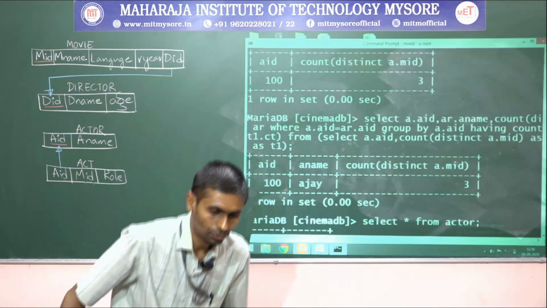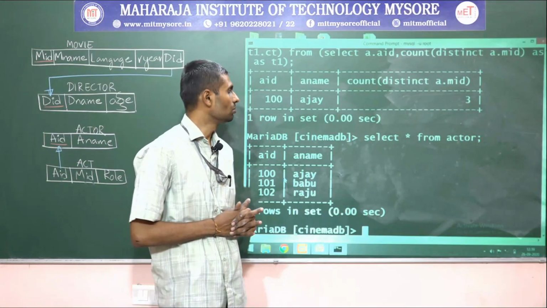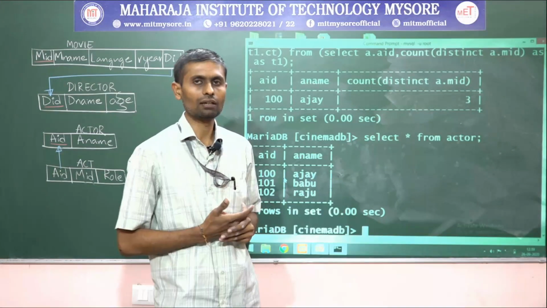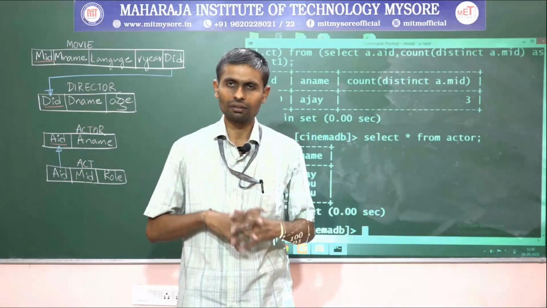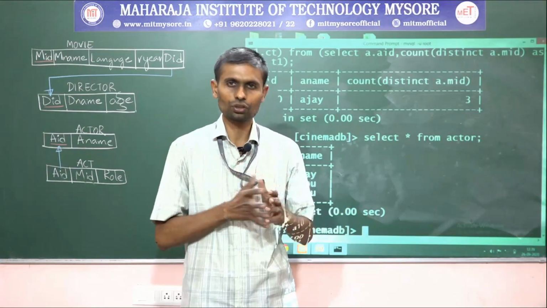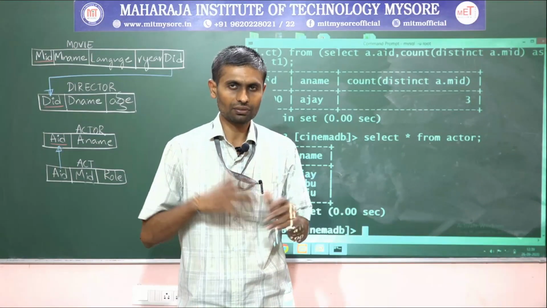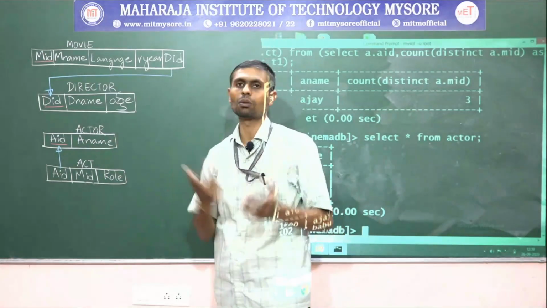So that's it. Today we learned how to do nesting of aggregate functions, right? Tomorrow I will come up with one more interesting query, almost similar to that, on how to do nesting. Try to work on it at home, guys, with different queries. For example, find the director who directed the maximum movies.